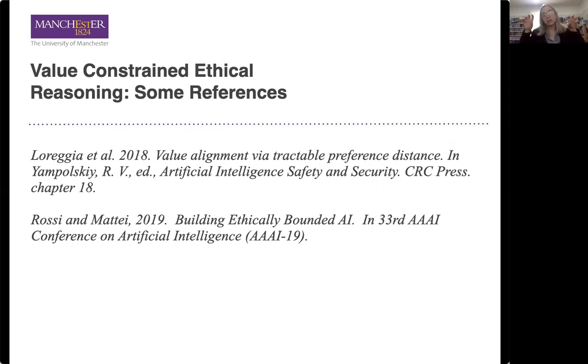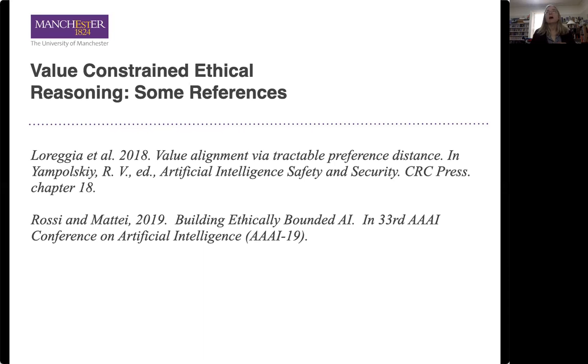These are represented as graphs, and it calculates a distance between them, and they have to be close enough for something to be the choice that's picked by the system. And Rossi and Mattei in this Building Ethically Bounded AI, they look at both these as systems and discuss more generally this idea of how you can have whatever your underlying AI system is trying to do and how you might try and constrain that in some way via some kind of ethical reasoning.